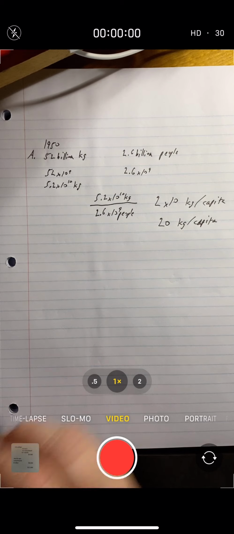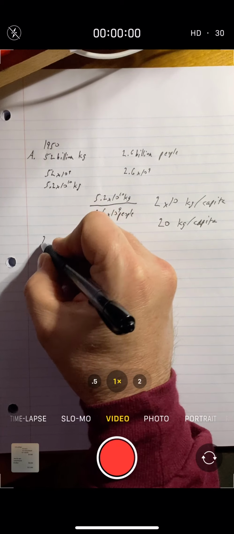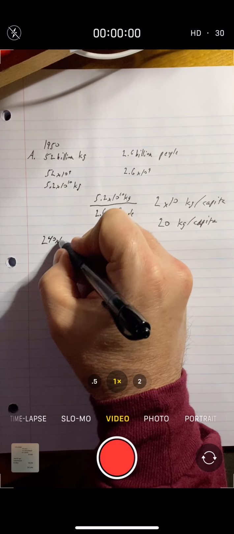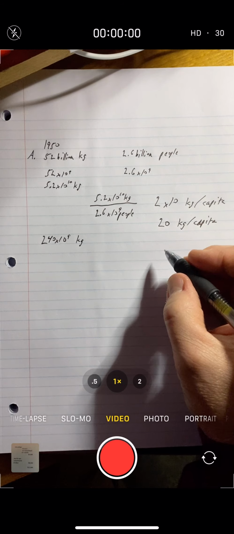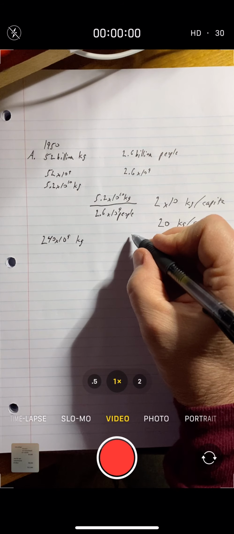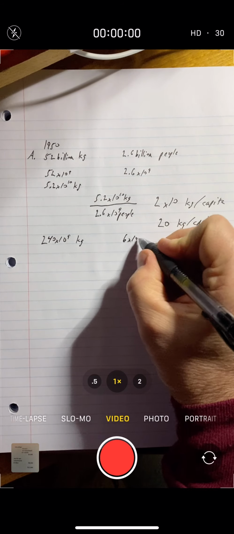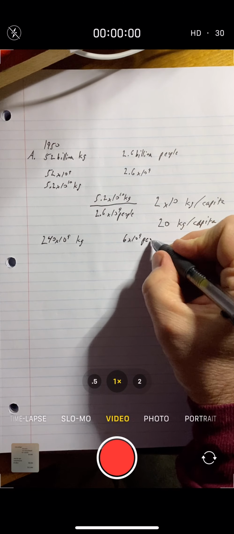The other one wanted you to do the same thing, 240 billion. So 240 times 10 to the 9th kilograms. And the people had grown in the year 2000 to 6 billion. So 6 times 10 to the 9th people.